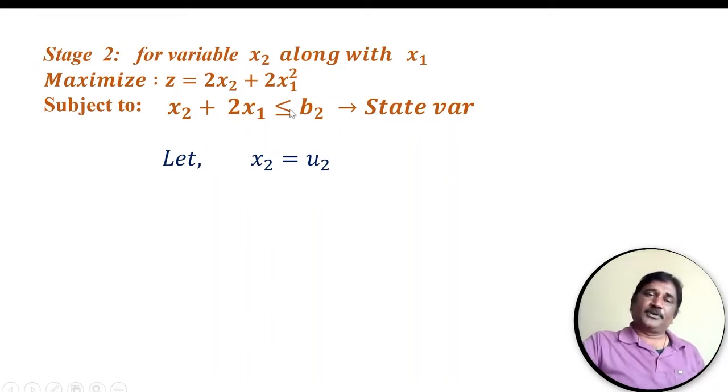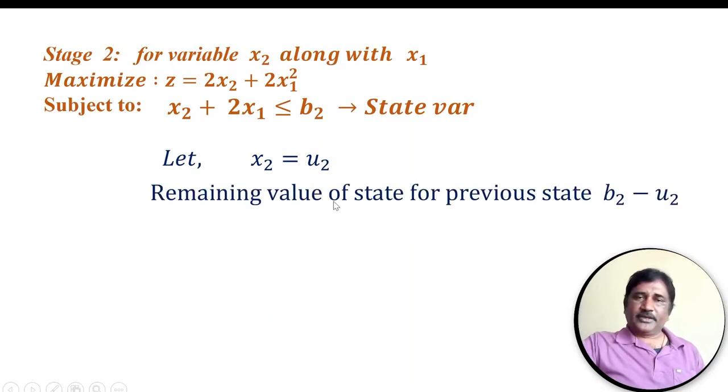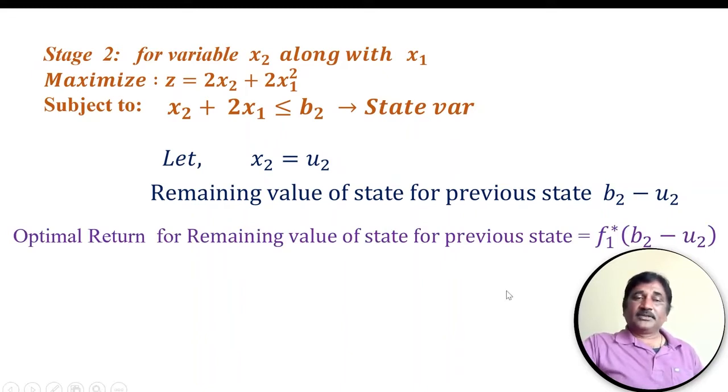So what remains for the previous stage is b2 minus u2. The remaining value of state for the previous stage is b2 minus u2. Alright. Then the optimal return for the remaining value of state for the previous stage.